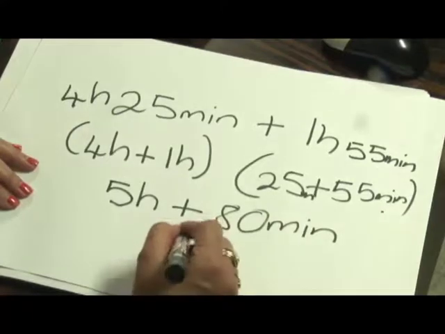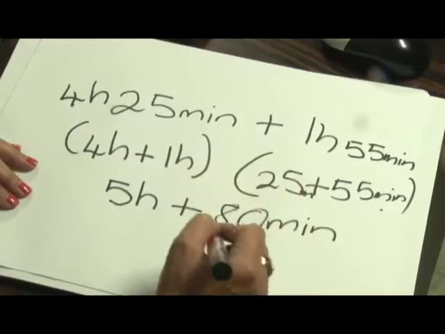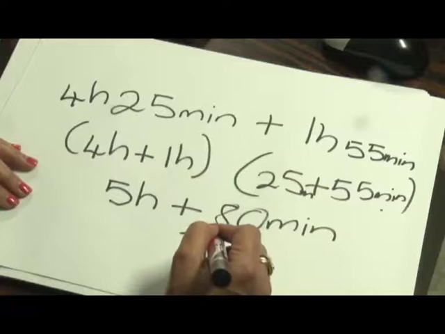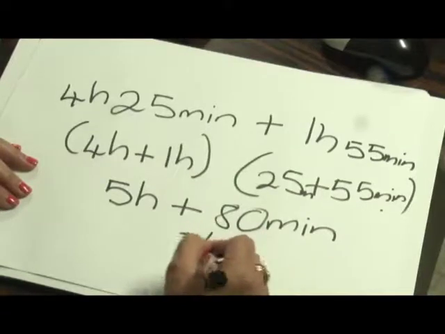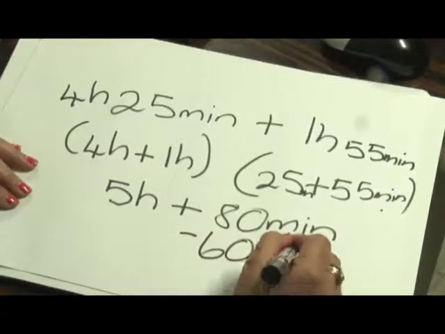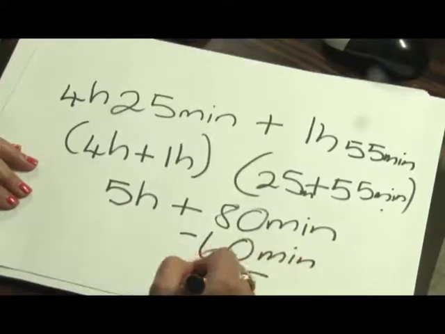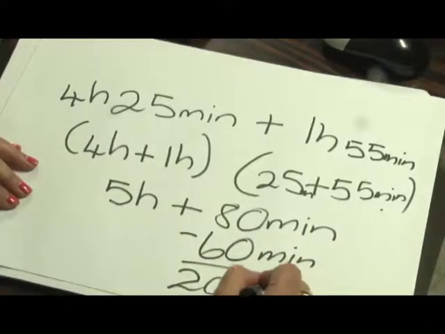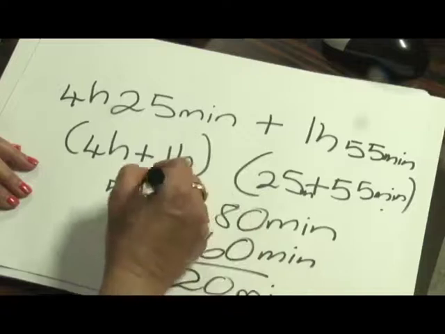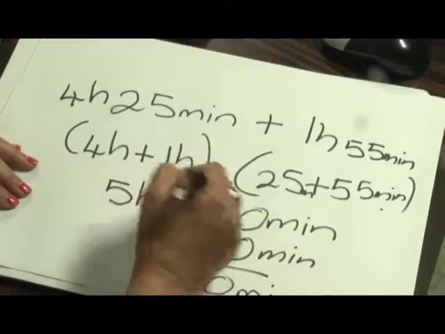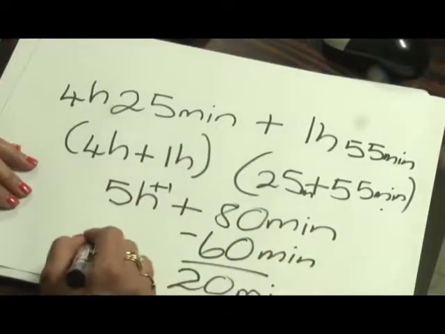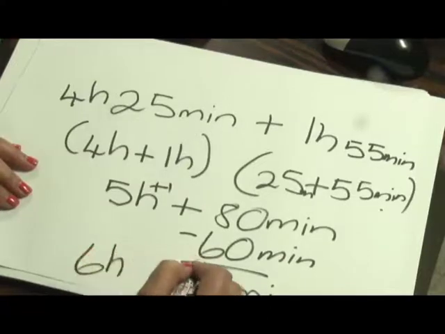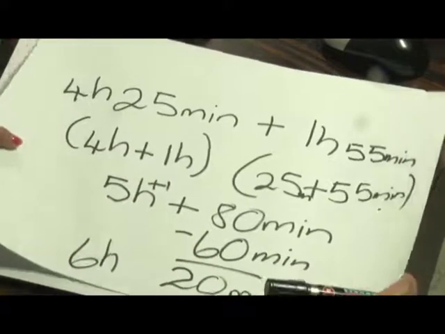And now I see that 80 minutes is more than 1 hour. 1 hour is equal to 60 minutes. So I subtract, and then I have 20 minutes left, and this hour became another hour. So at the end, I have 6 hours, 20 minutes.